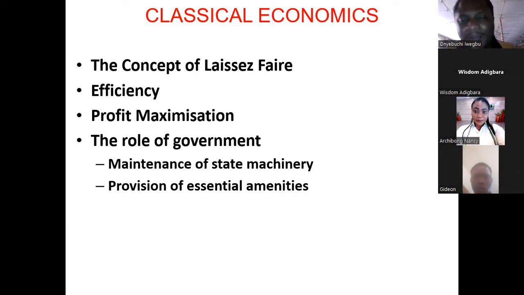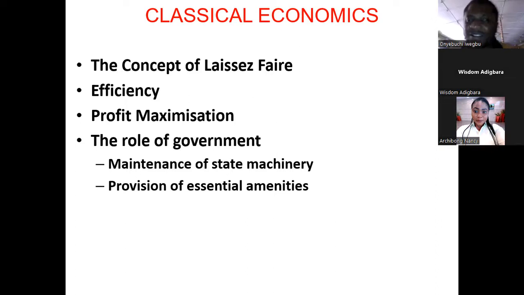Okay? For example, the classical school of thought is only interested in having the least combination of inputs in order to produce the largest output. That is capitalism. So the capitalism, for example, look at the commercial banks. Take, for example, UBA. The capitalism ideology is what is driving UBA, all these commercial banks.